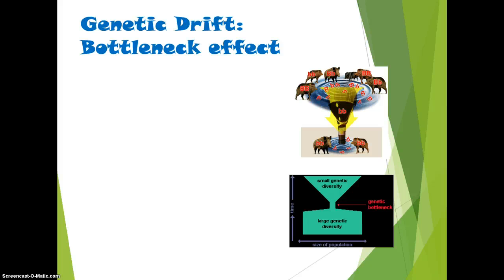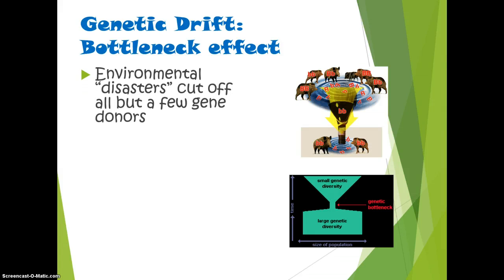Then there's also the bottleneck effect. This is when you have some environmental disaster that severely decimates the population. It kills almost all, so it cuts off all but a few gene donors. So we go from having, what are these, little Pumbas, lots and lots and lots of them with lots of different genotypes.